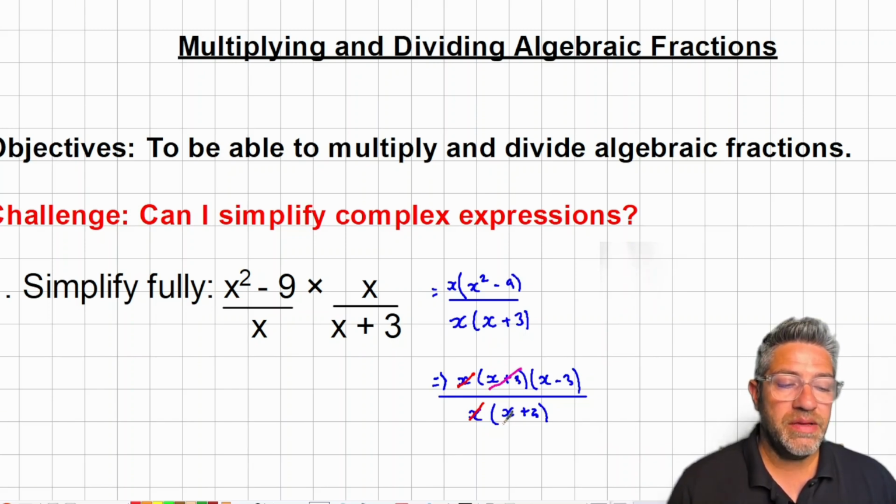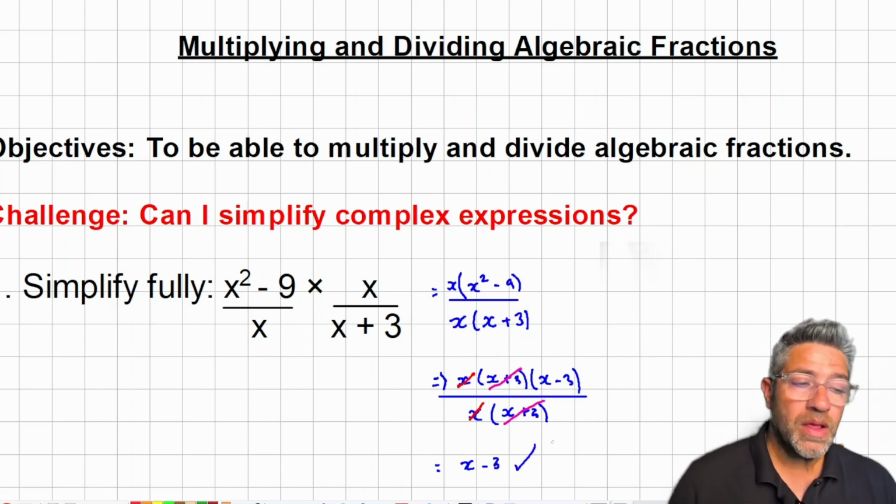X plus 3, x plus 3, they will cancel. What are we left with? X minus 3. Let's move on and let's look at question 2.